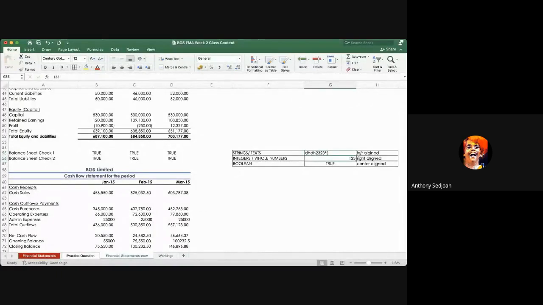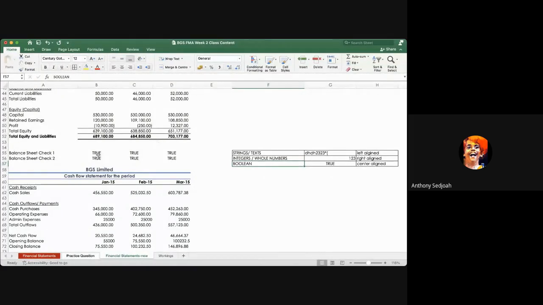Strings or text are usually aligned to the left automatically by Excel, unless you go and change it manually. Then integers or whole numbers are aligned to the right. And then we have something called Boolean, which has just two values: either true or false.